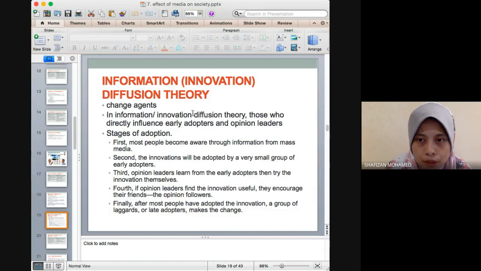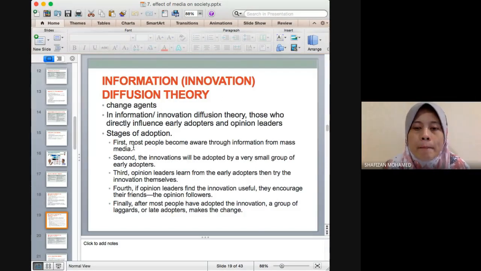This is important, because according to this theory, there are different types of levels. Now, TikTok or a new phone or a new technology: first, most people become aware through information from mass media. You've seen it somewhere, a funny TikTok video.